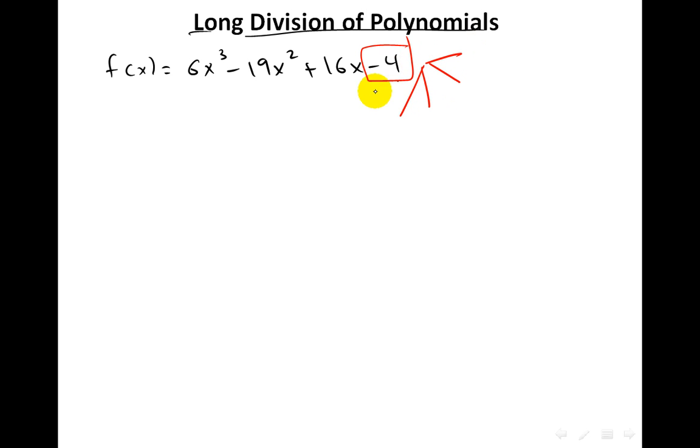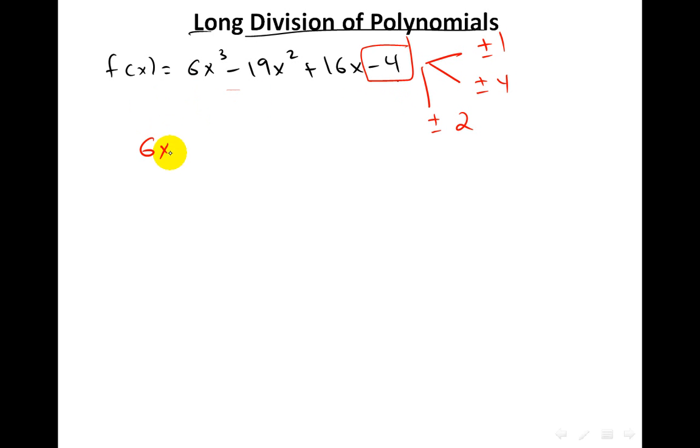What could be the factors for this negative 4? Either plus or minus 1, plus or minus 4, or plus or minus 2. Because of this negative, I'm putting plus or minus. So one of these will be the right solution for this equation.